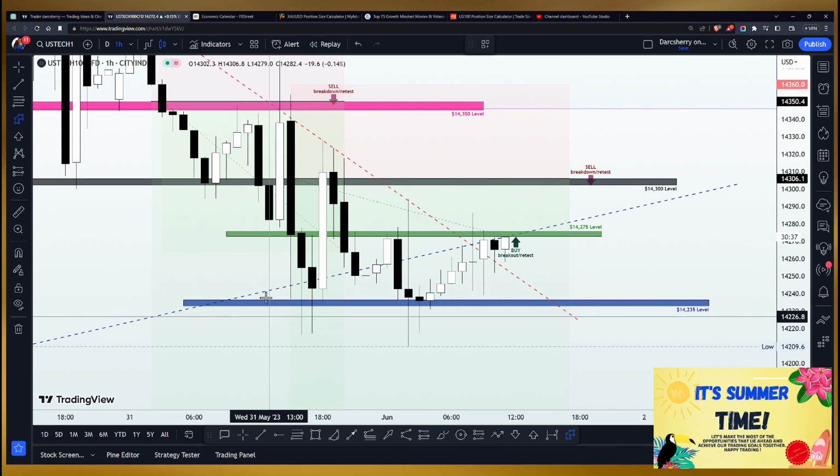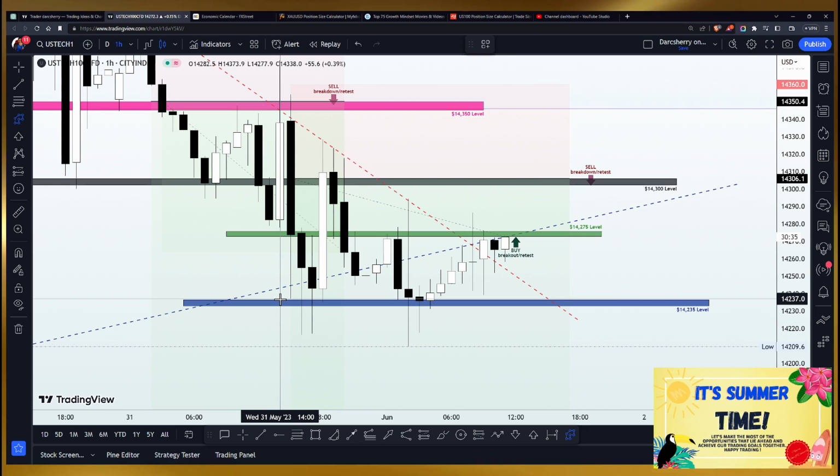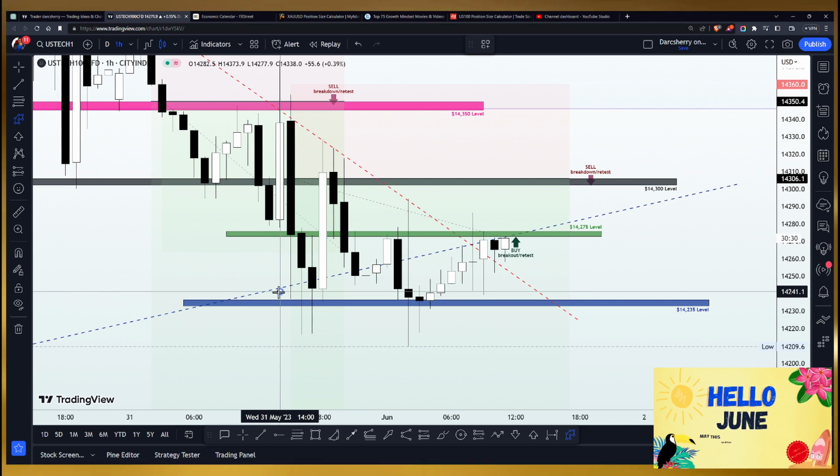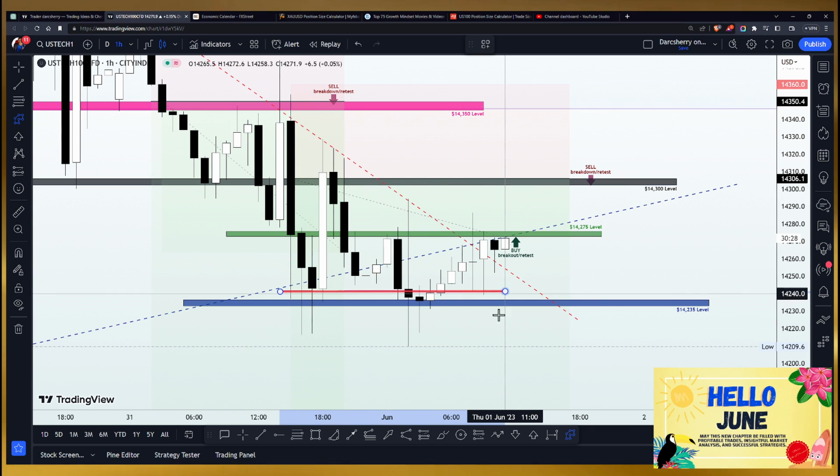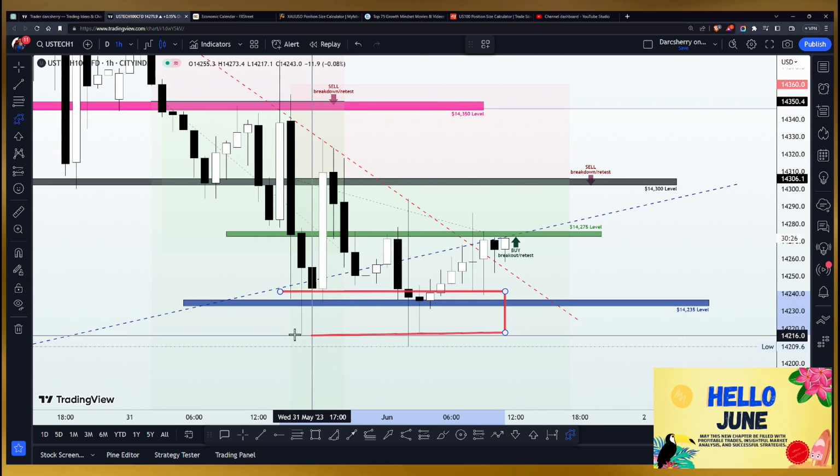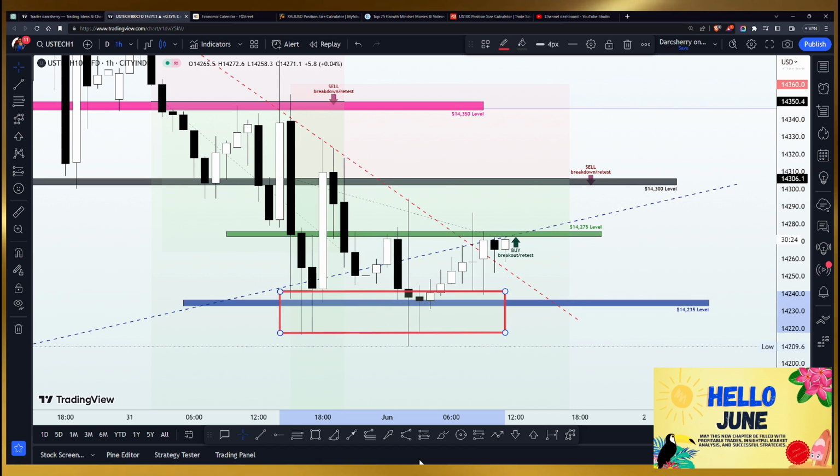Now, if you look at what has been happening here since yesterday's New York session, you will see that though we're still within the bearish trend line, one fact here is that as soon as price action got into this 14,235 level, we began to see buy pressure come in from that area, negating all attempts by the sellers to find lower lows.